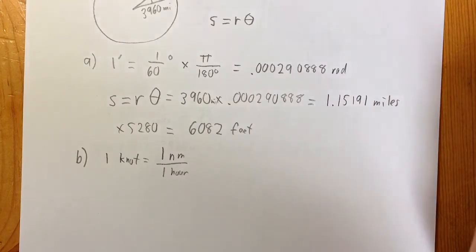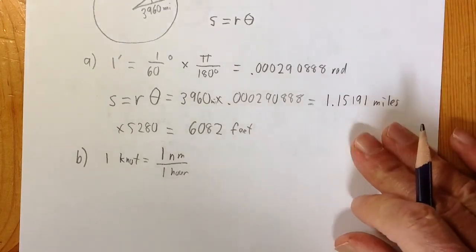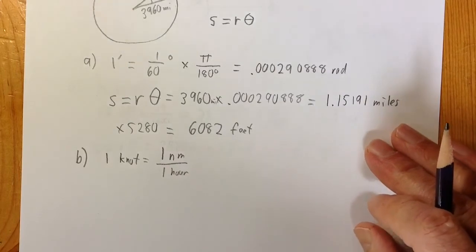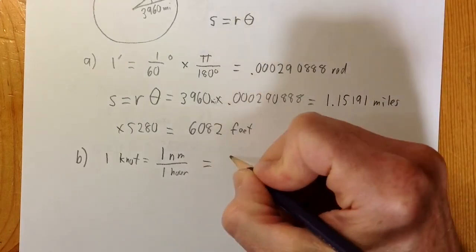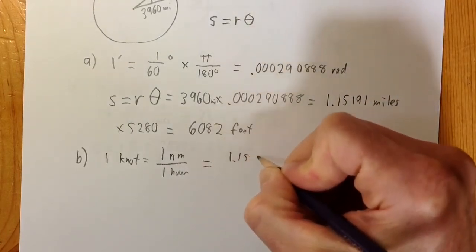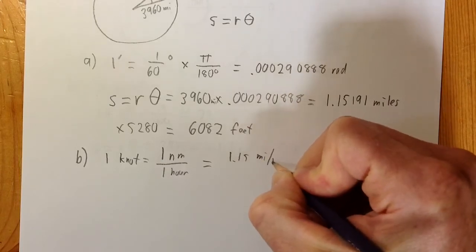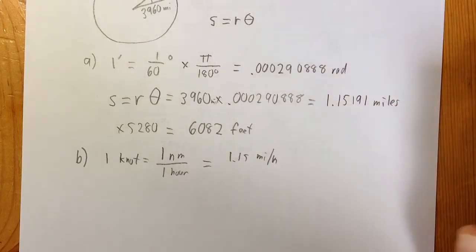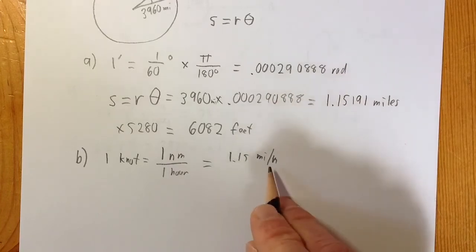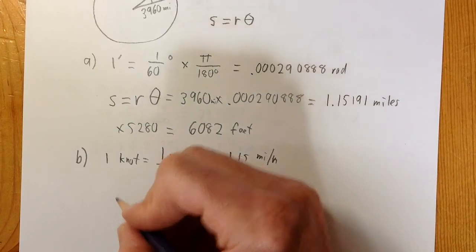So basically we need a conversion factor to convert to miles per hour. That's 1.15 miles per hour. So if we know knots, we multiply by 1.15 to get miles per hour, because 1 knot is 1.15 miles per hour.